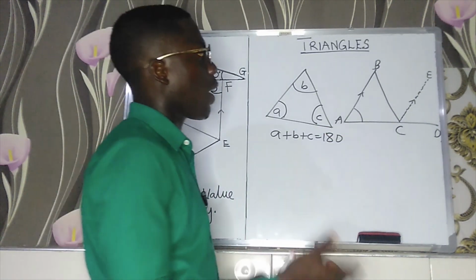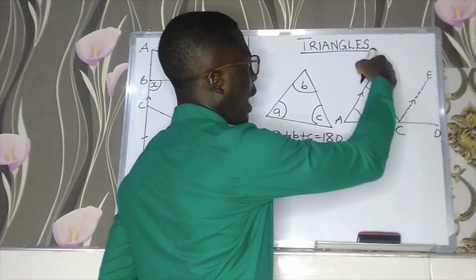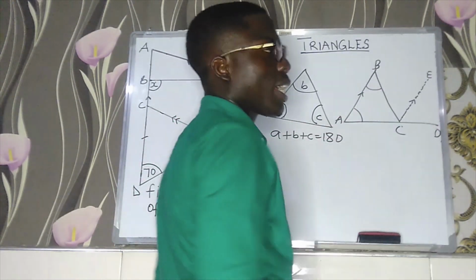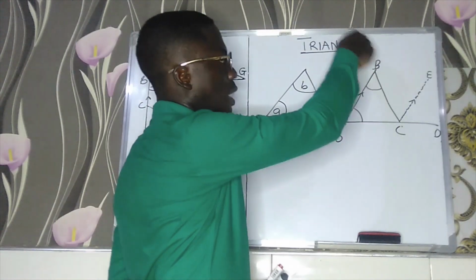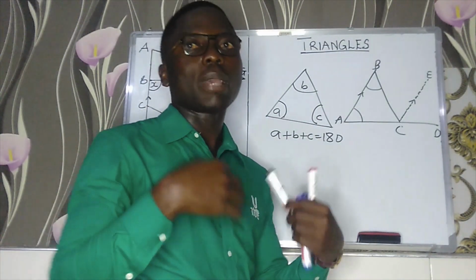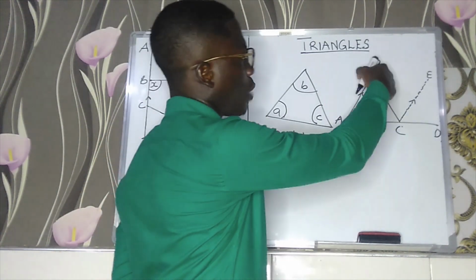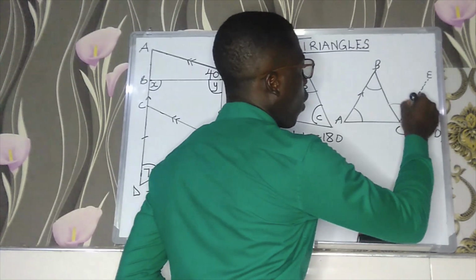Good. So now, parallel lines: whenever we have parallel lines and a line touches both parallel lines, that line becomes the transversal line. It may touch or it may even cross through. And we said whenever a transversal line crosses through parallel lines, some particular angles are formed.